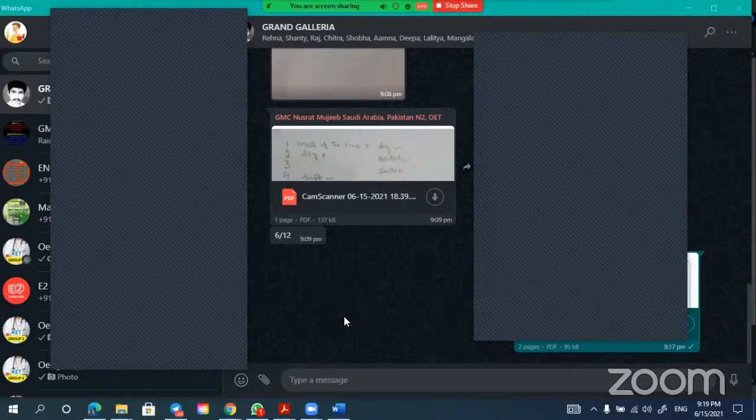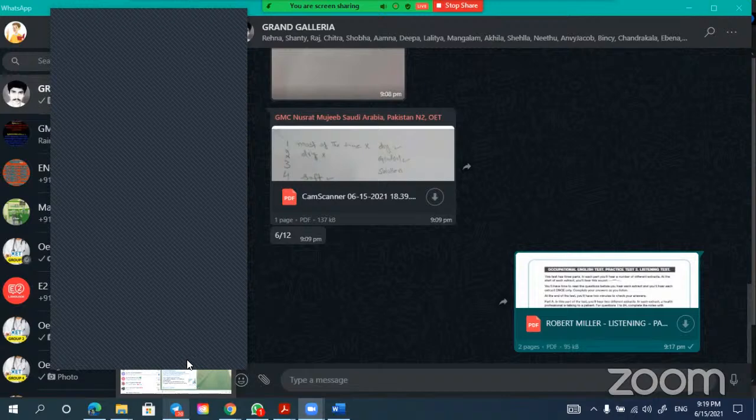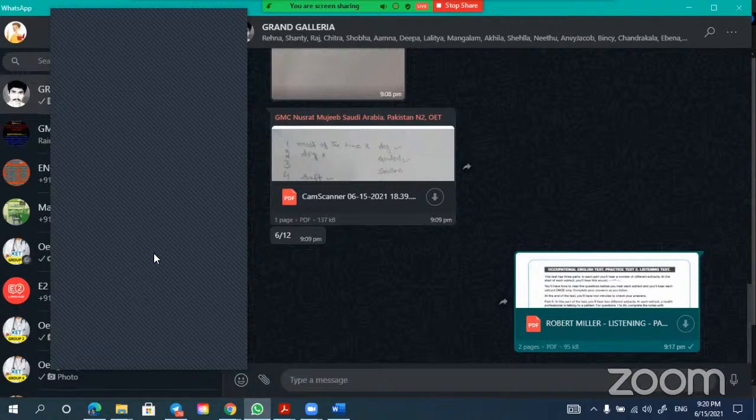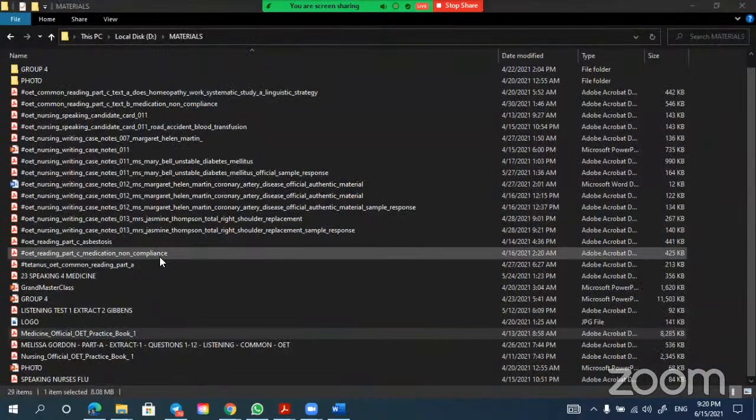Okay, so finish these things. Write the feedback, one sentence only, and I'm going to send you the book itself. This book is a medical book, medicine or nursing, it is the same thing. Nursing also I'll send, medicine also I'll send. Write down one sentence, please. Materials, medicine and nursing, both I will send.